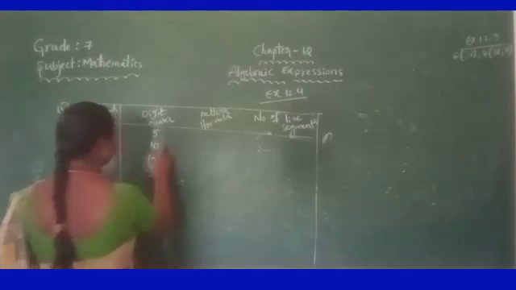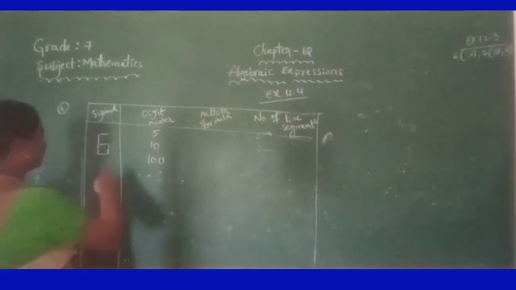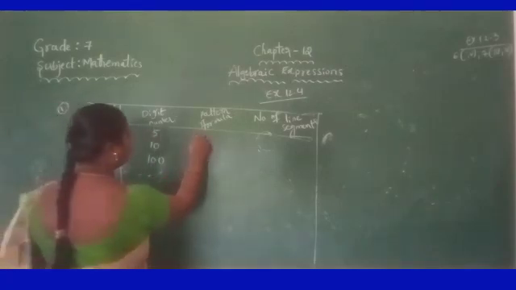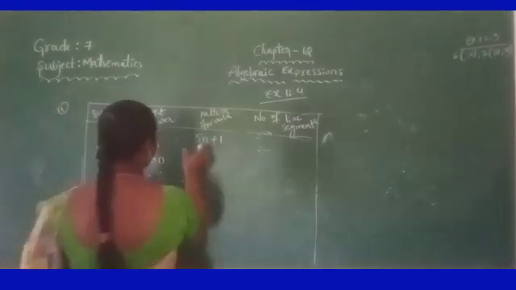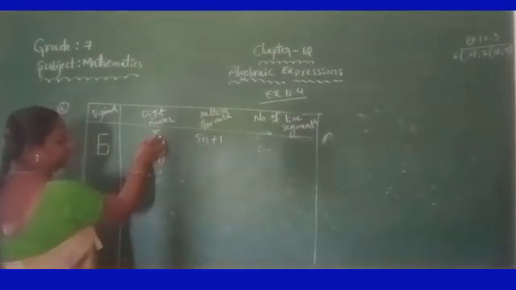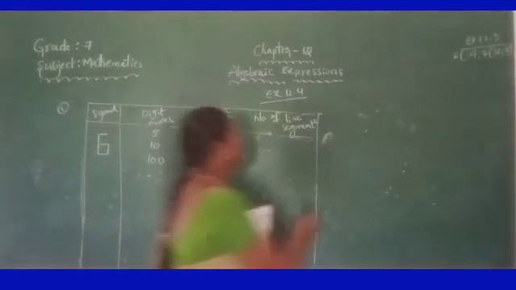So 5, 10, 100. What is the pattern formula already given? 5n plus 1. If you take 5 digits, the digit number is 5, then how many line segments will be required?